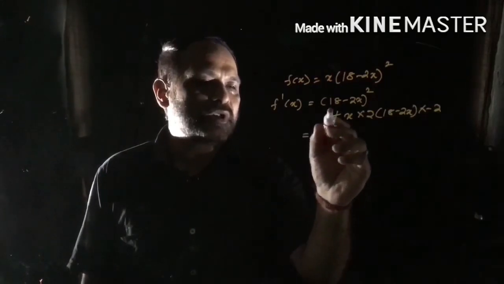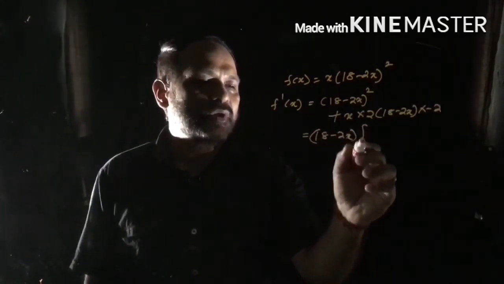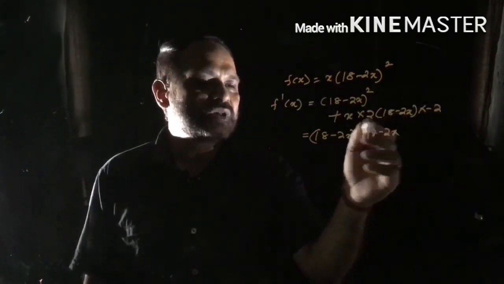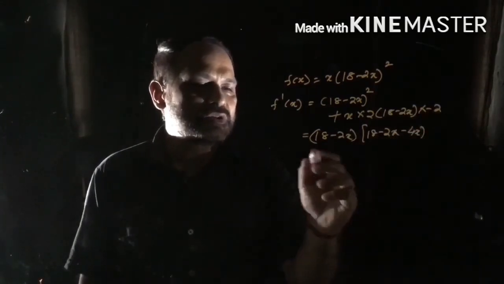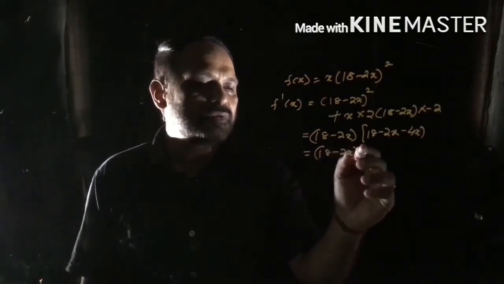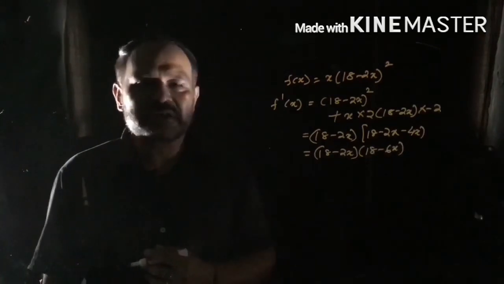Taking 18 minus 2x common, this is minus 4x. So this is equal to (18 minus 2x) into (18 minus 6x). This is f dash x.